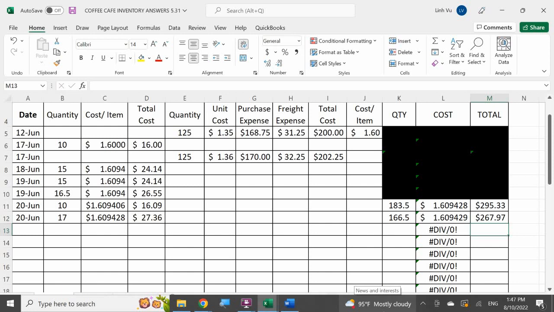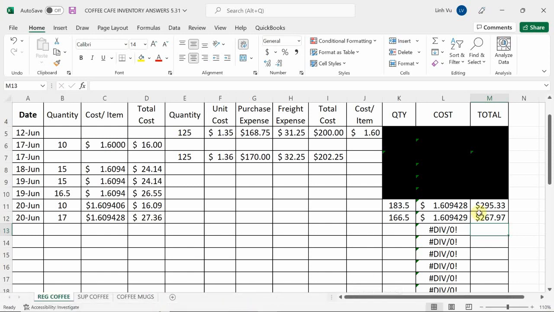Okay. Which should actually change my average cost per item by 100,000th of a penny. Yep. Right. Okay.